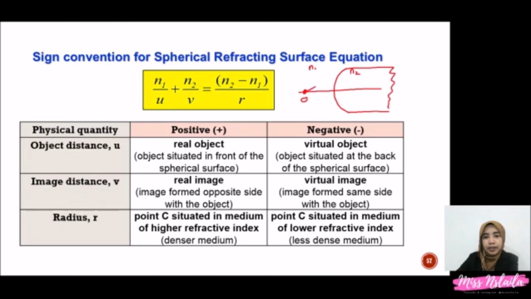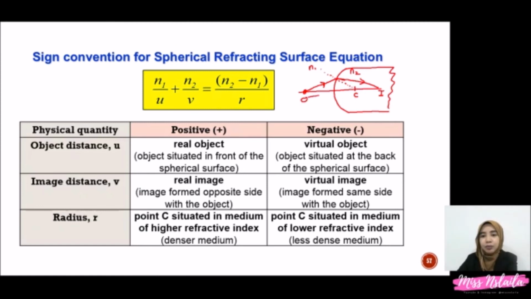Then we have the incident ray, and I label the point C. This is the normal line. The refracted ray will bend towards the normal line. So this will be the refracted ray. The image will form here. Let's look at the positions of U, V and R.